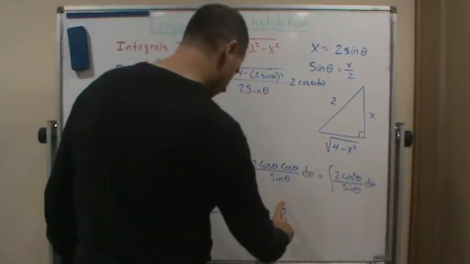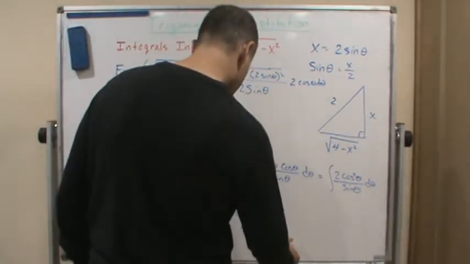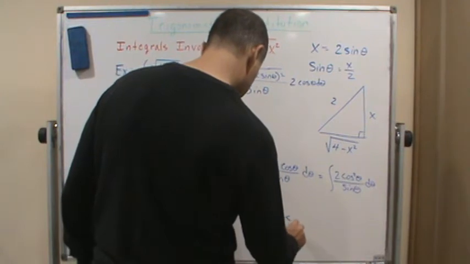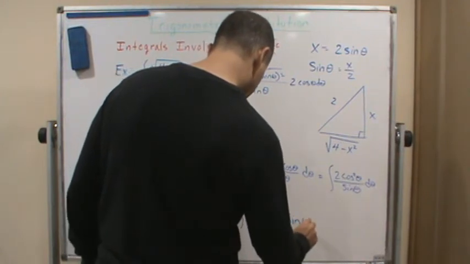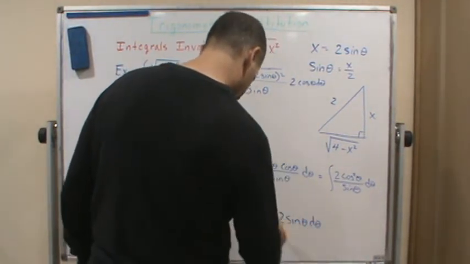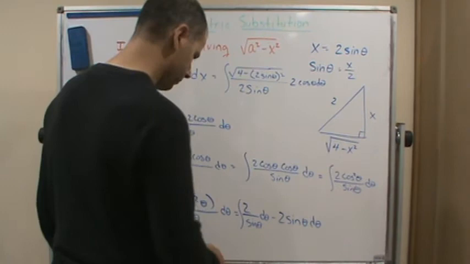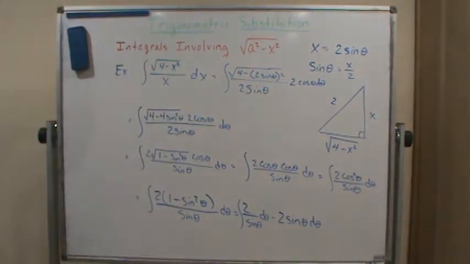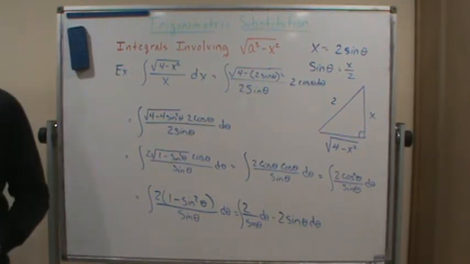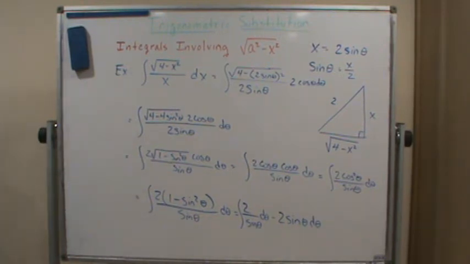So that's going to give us 2 sine theta. So we get this, right? Okay. So we've got a 1 over sine theta in the first term.